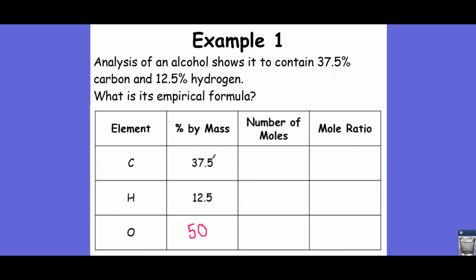So we can just take our value from this column and divide it by the relative atomic mass. So it would be number of moles equals 37.5 divided by 12 for carbon, and that would give us an answer of 3.125. And you're going to complete that for hydrogen and oxygen.